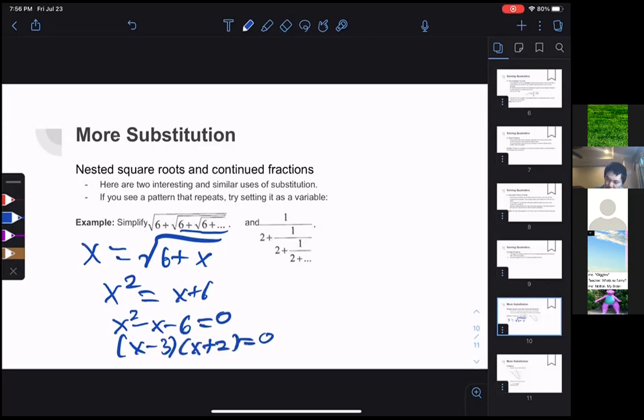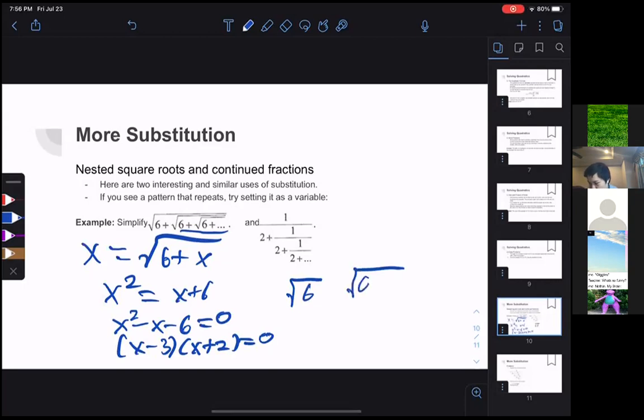Now, which solution do you pick? Well, consider what happens if you try to approximate this, meaning that you have an infinite number of square roots, but if you cut it off at only a finite number, it'll approximate the answer. So first, if you have only one, it's root 6.